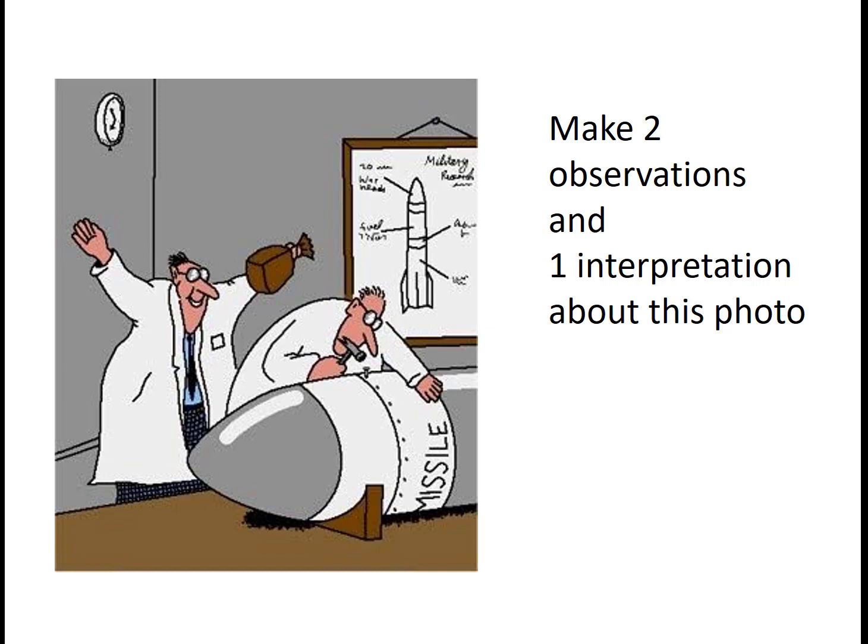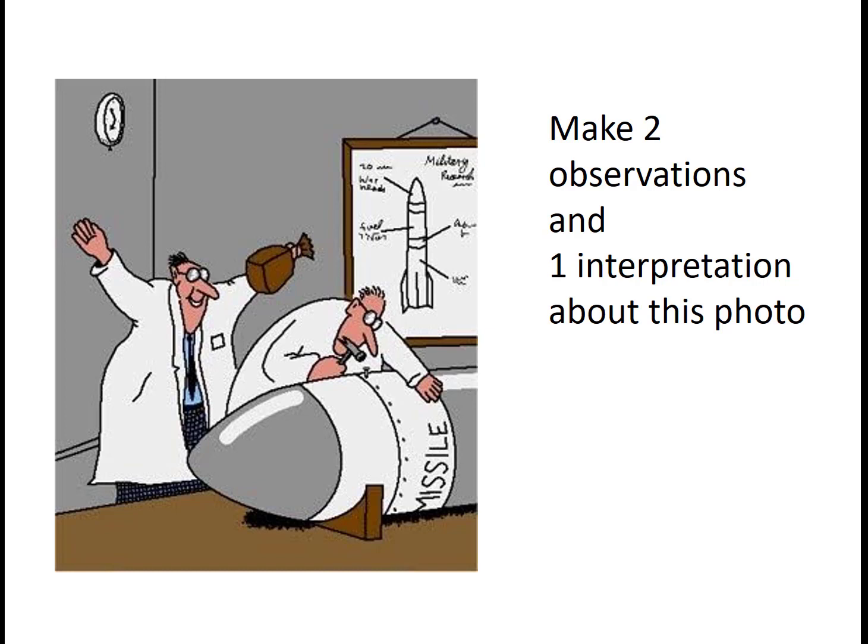All right, let's make some interpretations. So what are some interpretations about this? We can say that the scientist with the hammer is perhaps hammering a nail into the missile. So the observation is that there is a nail and that there is a hammer, but the interpretation would be that he's actually hammering that nail into what looks like to be a missile.